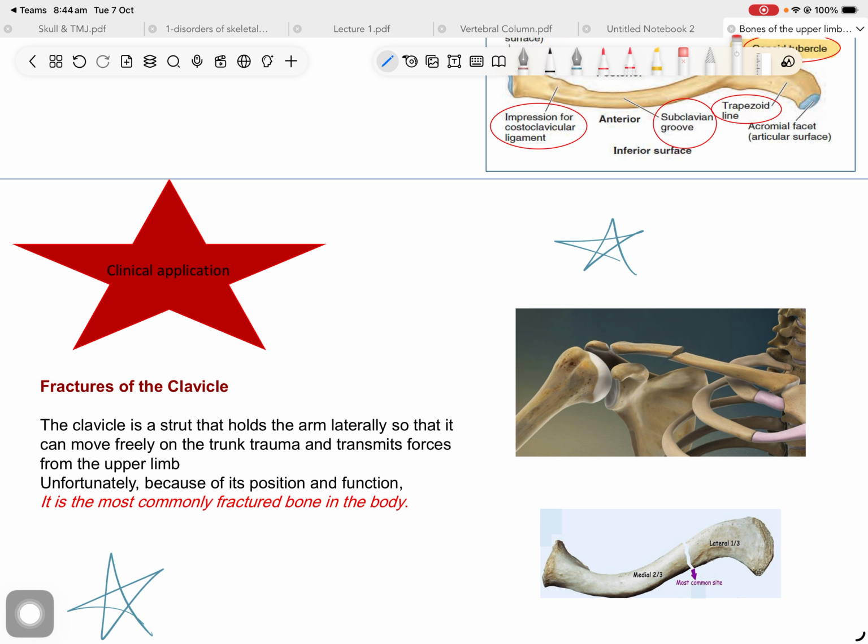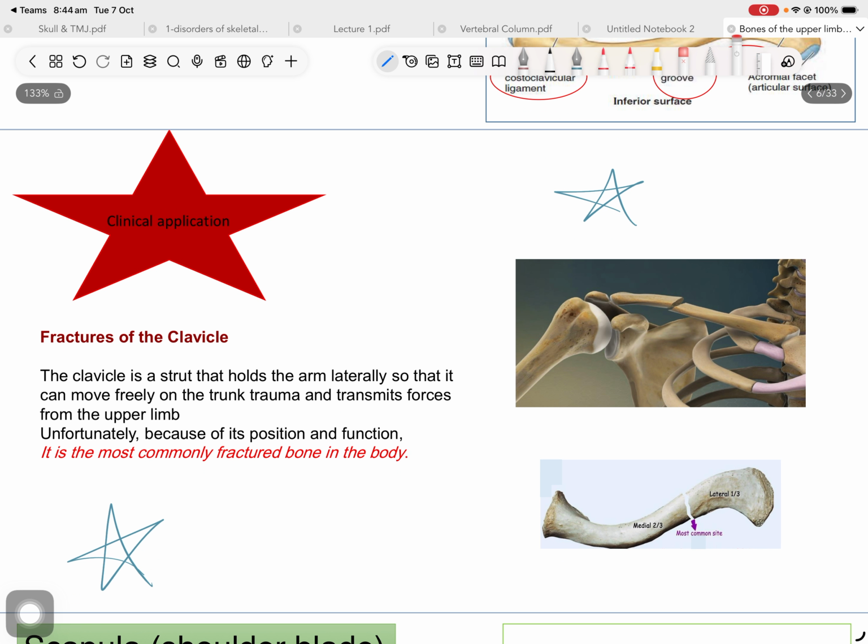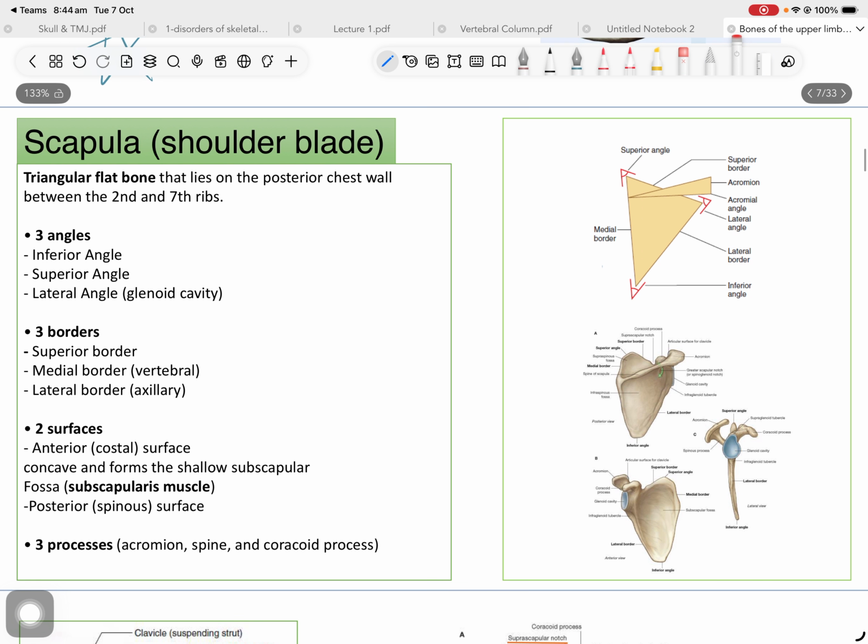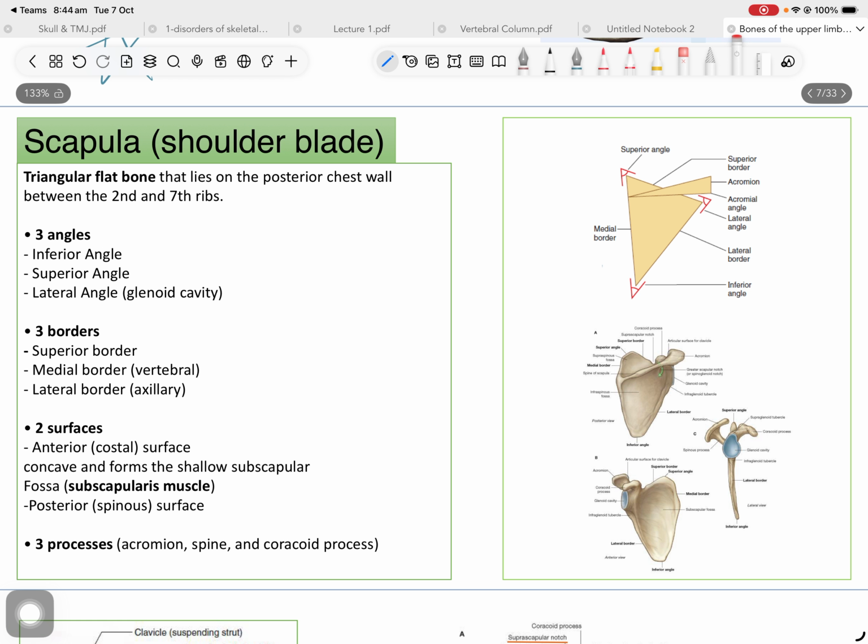Any questions so far? The second bone from the bones of the upper limb, we call it the scapula. What type of bone is the scapula? It is a flat bone, okay? It is a flat bone and it is triangular in shape. Since it is a triangle, so it has the characteristics of a triangle.